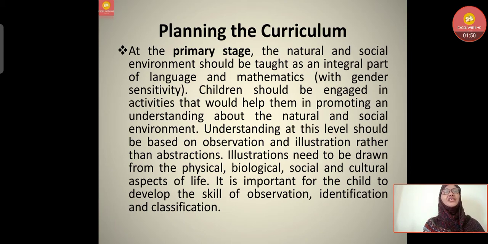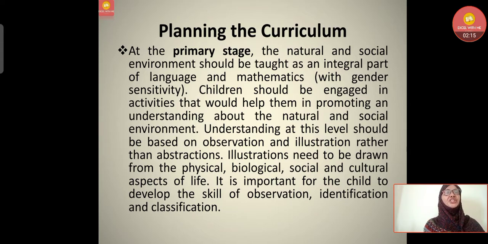Understanding at this level should be based on observation and illustration rather than abstractions. Abstractions means the feelings. It should not be given so much importance, because at this stage they will not understand the abstract things. They will understand the concrete things through observation, touch and viewing.